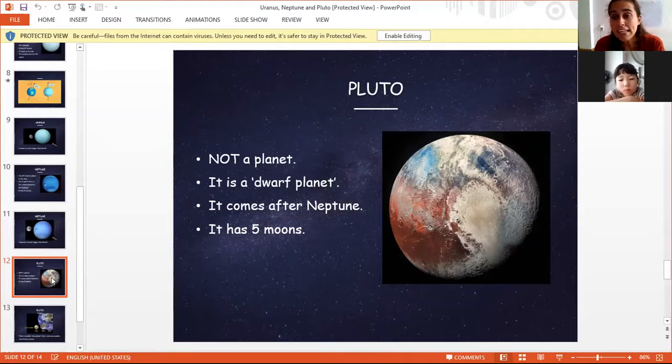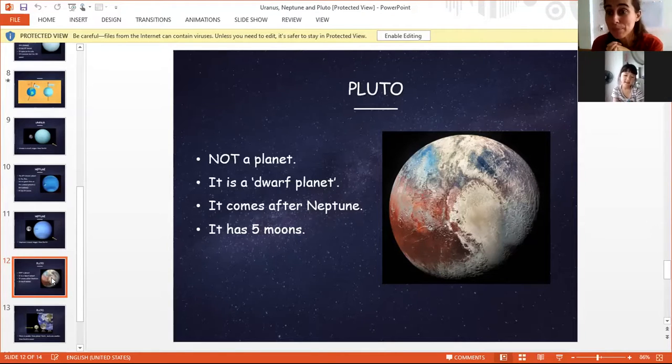Good. And it has 5 moons. Do you remember how many moons Neptune has? 14. It has 14. Good. So Neptune has 14 moons and Pluto has 5. Which one is greater? 14.